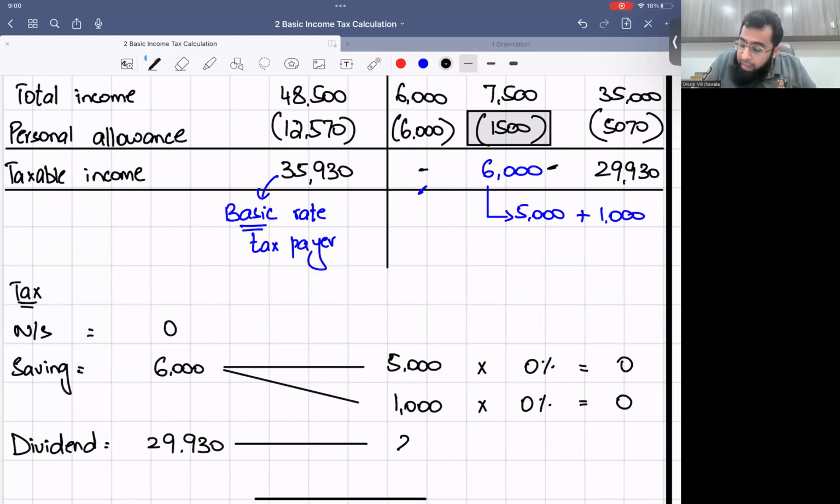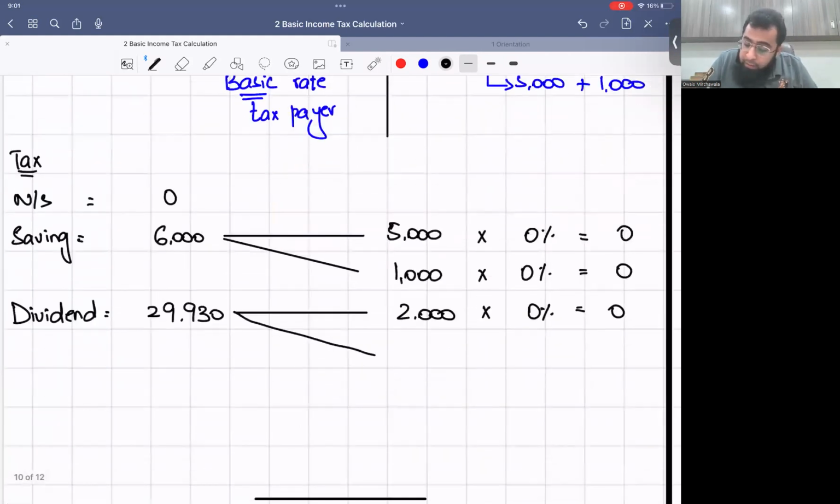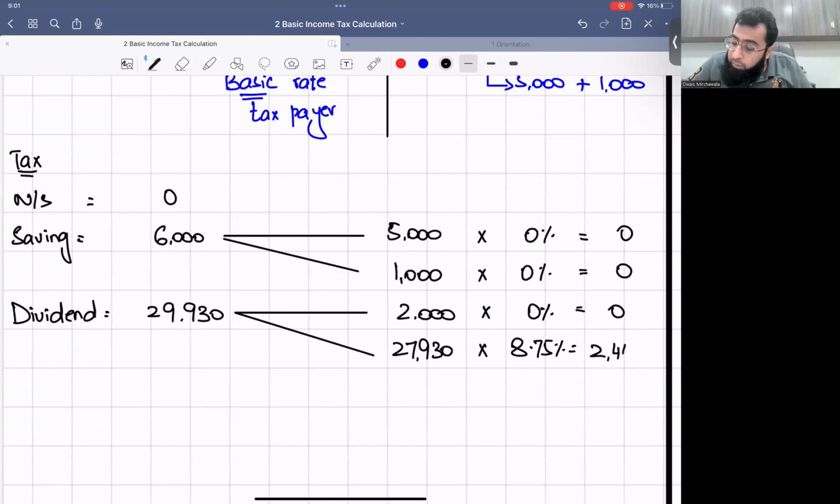First 2,000 at 0%. So it's 0. And the remaining dividend, 27,930. The basic rate band of dividend income is 8.75%. So it's 2,444. If I add up all of them, my tax amount is 2,444.